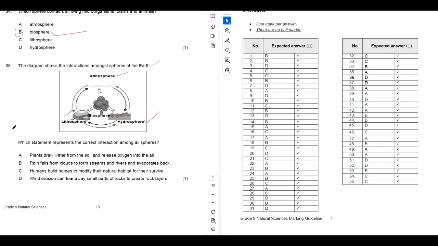Okay, so now the question says: which statement represents the correct interactions among all spheres? And we can see here that our answer will be A, which says that plants draw water from the soil and release oxygen into the air.